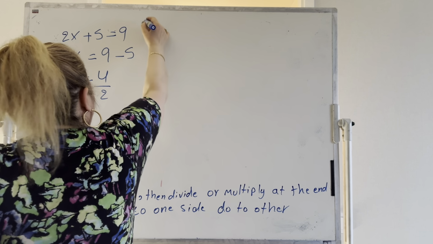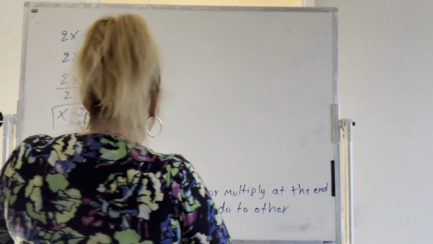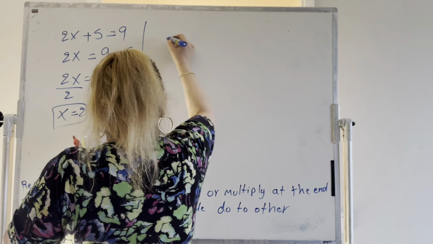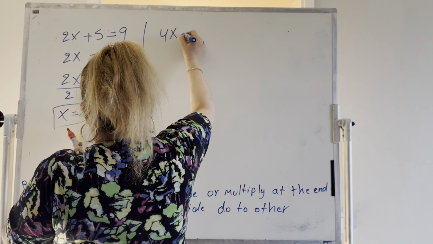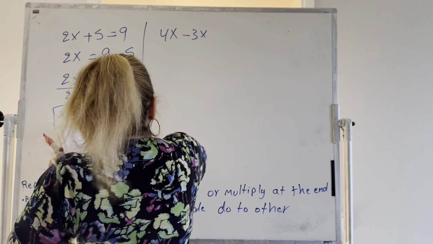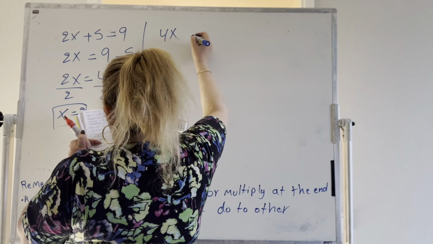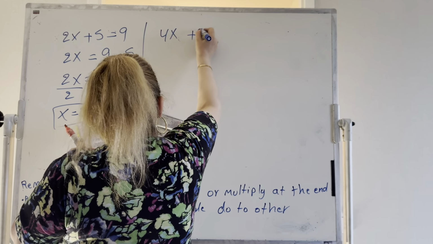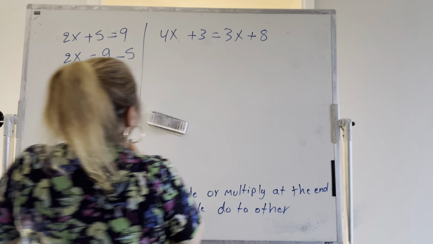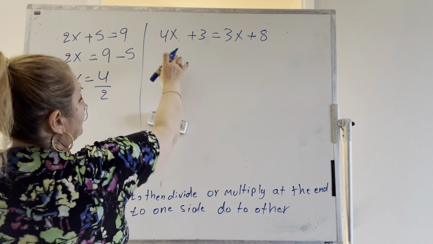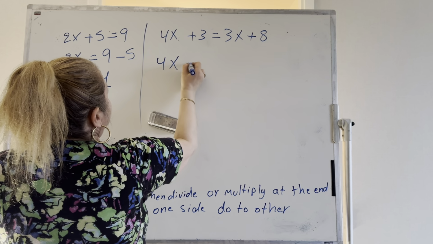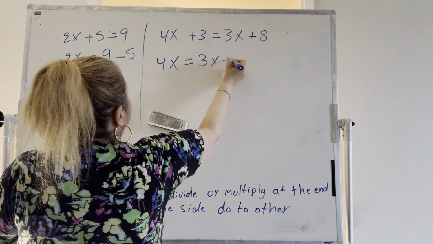And the third example, I can also do it simply: 4x plus 3 equals 3x plus 8. I can move 3 directly to the other side. It will be 4x equals 3x plus 8 minus 3.